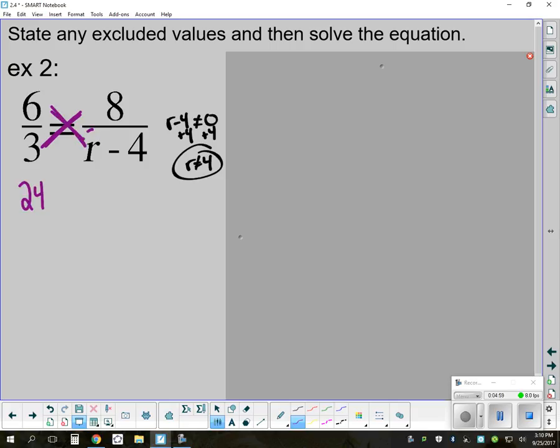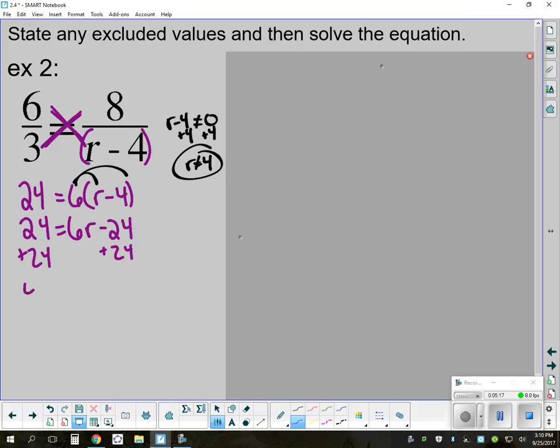You have to treat this as if it's in parentheses, which means you're going to use the distributive property. 24 equals 6r minus 24. Then we would add 24 on both sides. 48 equals 6r. And then divide by 6, and r equals 8.